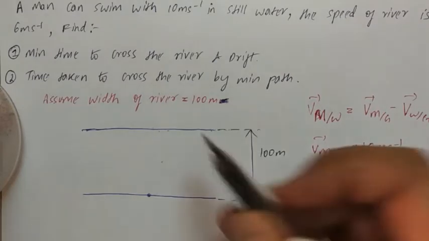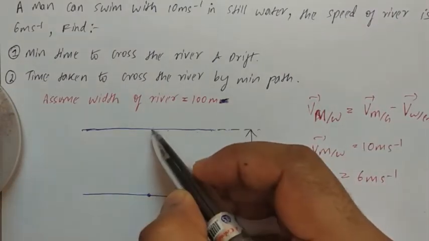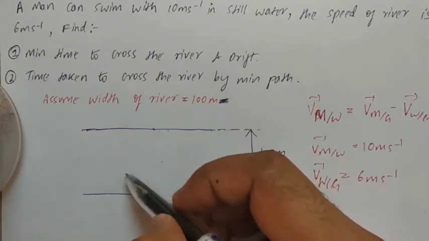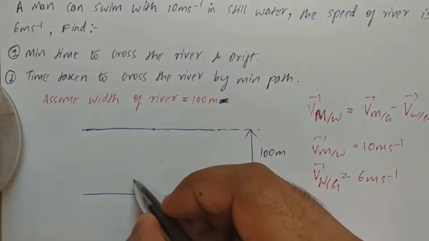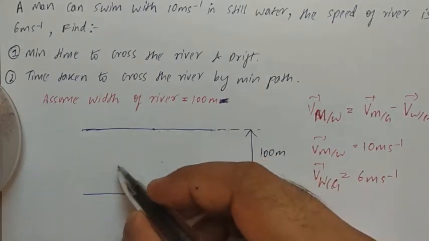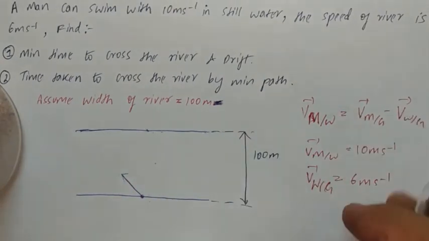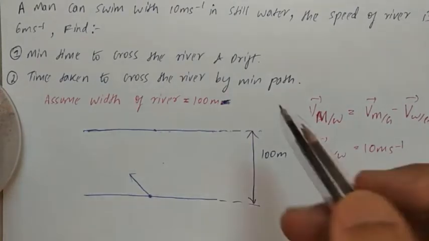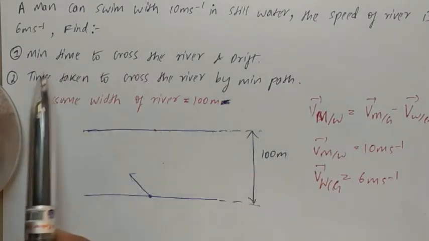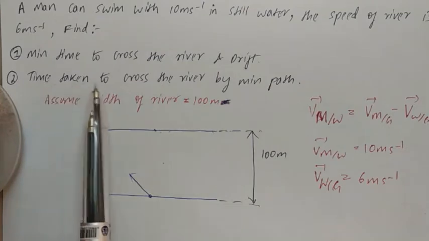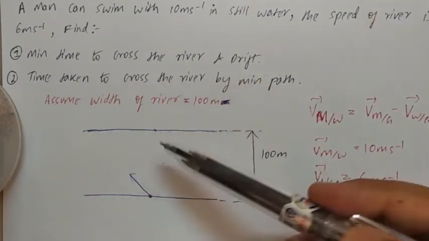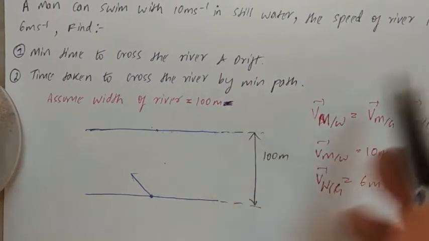Now, in that case, if he wants to reach this point, then he needs to start off in this direction so that he gets drifted to this point. So if you consider the second question, the time taken to cross the river by the minimum path, this is the minimum path.